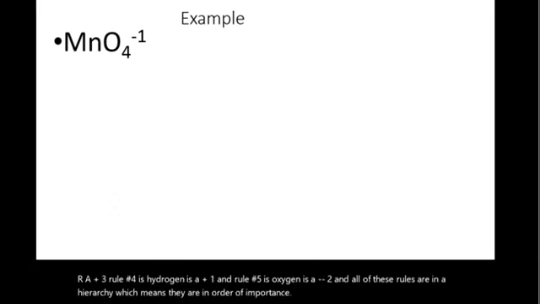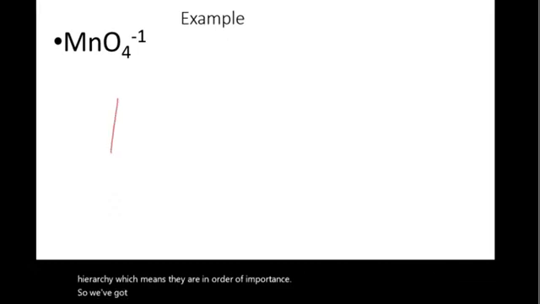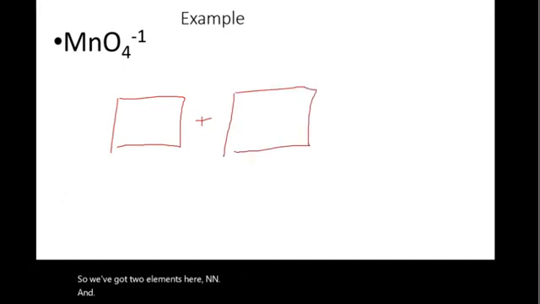So we've got two elements here, Mn and O, and I do what I call a mystery box. Rule number 1 is about ions, polyatomic ions.